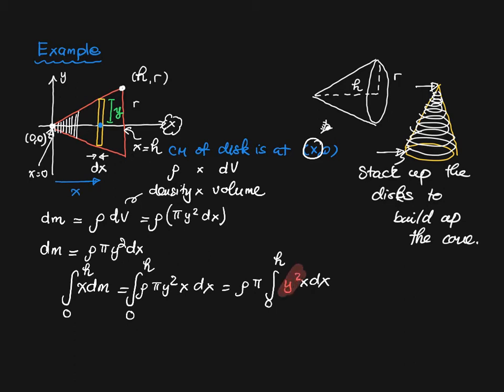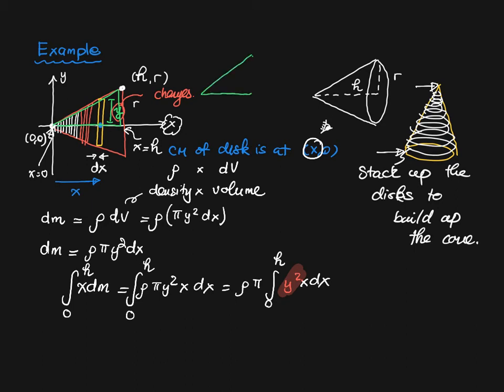Now, what is y squared? Y is the radius, and you see that the radius changes as we move along, as we are stacking up the disks. So we have to find this relationship, and the relationship can be found using similar triangles. So we have this big triangle here.